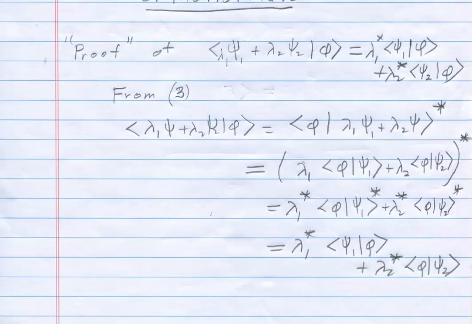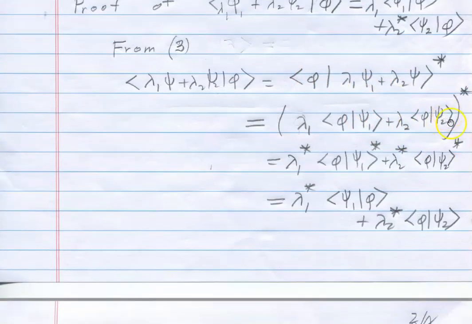And then, with this being a linear operator, I can expand this as lambda 1 times the bracket of phi psi 1 and lambda 2 times phi psi 2 inside the complex conjugation. And now I do a complex conjugate on all of these. When I complex conjugate, I get the complex conjugate of lambda 1, the complex conjugate of this one, the complex conjugate of lambda 2, the complex conjugate of this one.